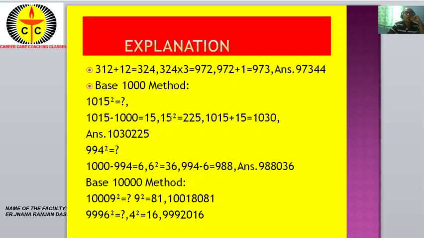Take the square of 15. This is 225. Then add 15 with 1015. This becomes 1030.